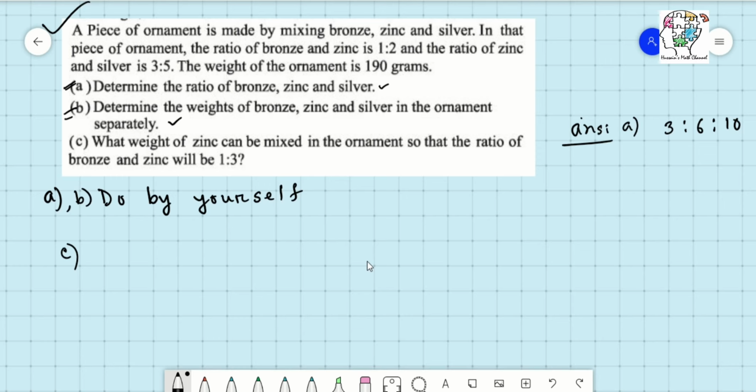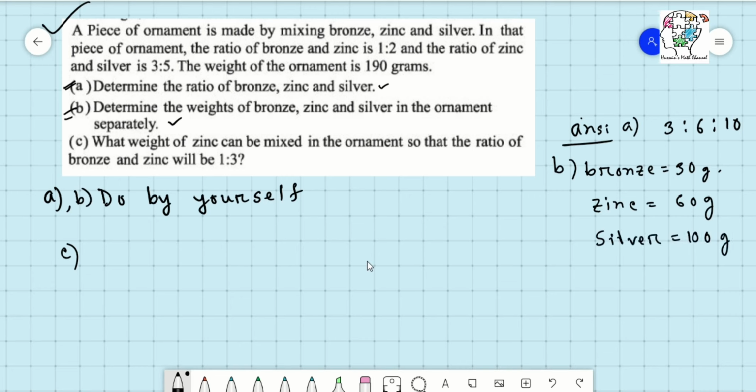And in this way, the amount of bronze will be 30 gram, zinc will be 60 gram, and silver will be 100 grams. These are the answers of number A and B.